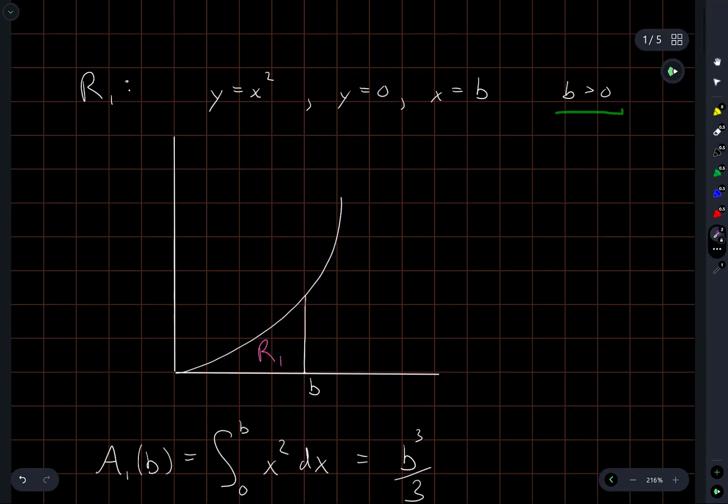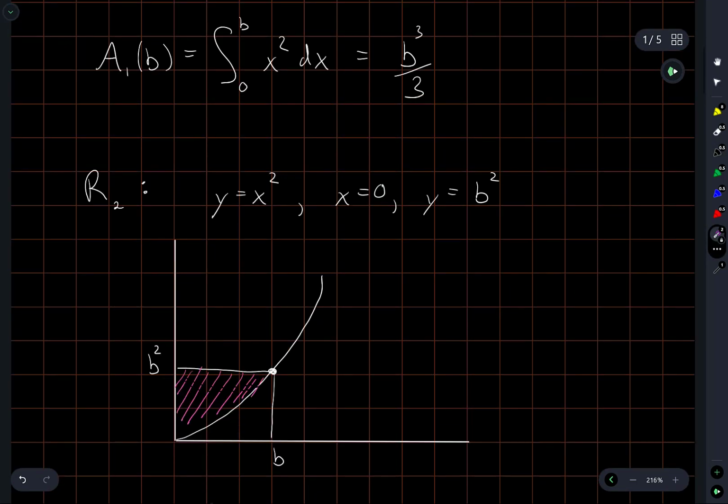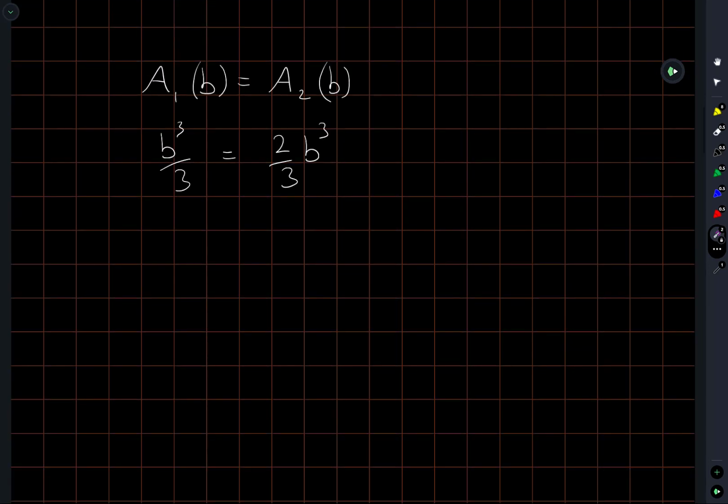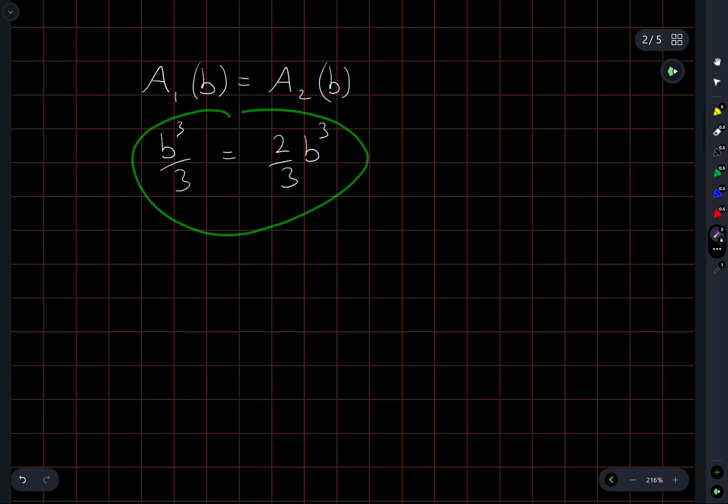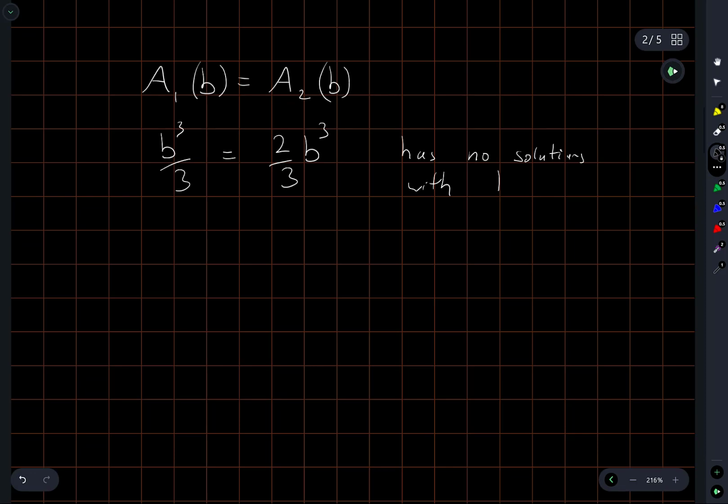That was given to us at the beginning. There are no values of b which make the two sides of this relation equal. This has no solutions with b greater than 0. Therefore, the two areas are always different.